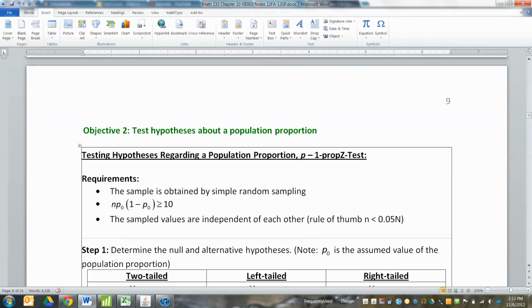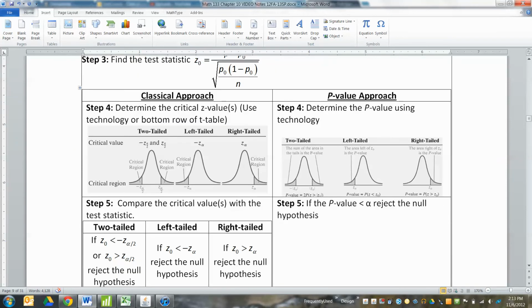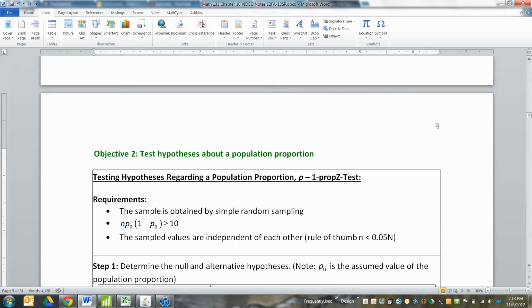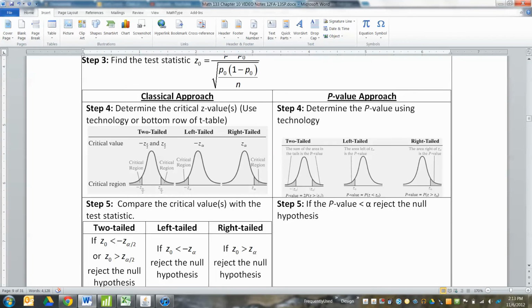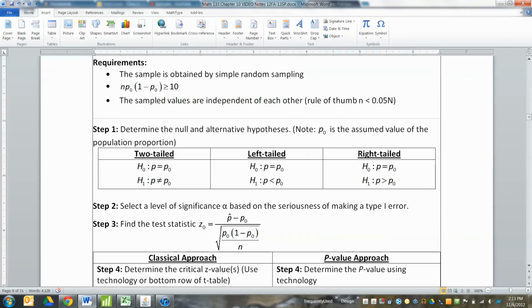Now, this is the first page of your inferential statistics cheat sheet. Again, I recommend you have that on you at all times. Do not set it down. Keep it right by your computer, by your books. You are going to have this given to you on the final exam, and on your third exam if you're a face-to-face student.